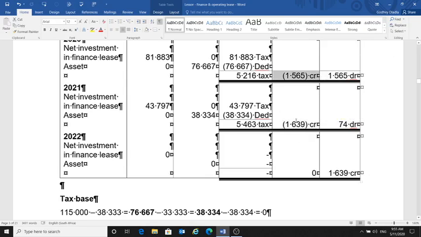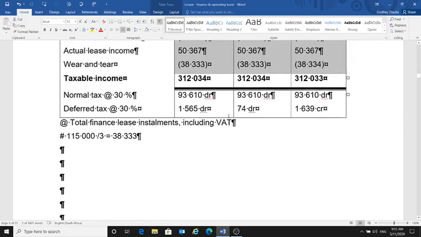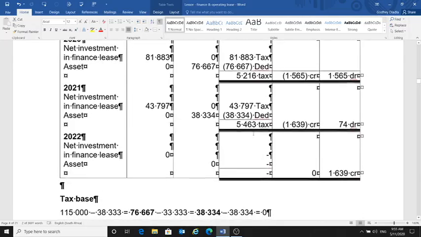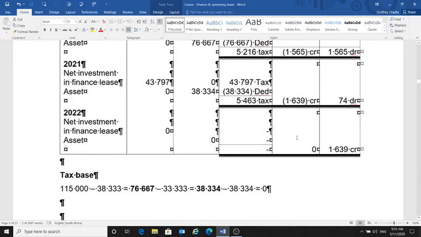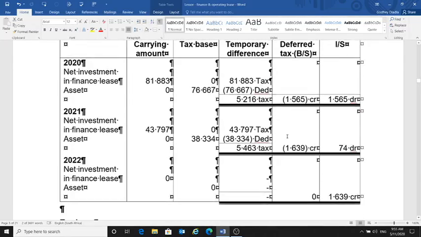So the movement from here to here is the 74, this one, right? Which agrees to the 74 that you see here, right? So we'll do the same on the last year. That will also basically give you a 0 now, because everything is 0 now in terms of the tax basis and the accounting carrying amount.